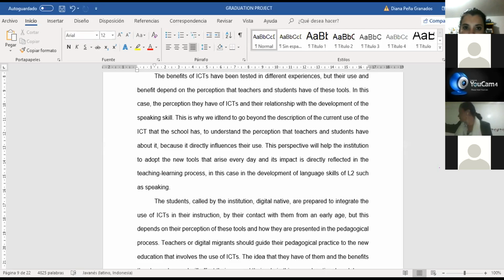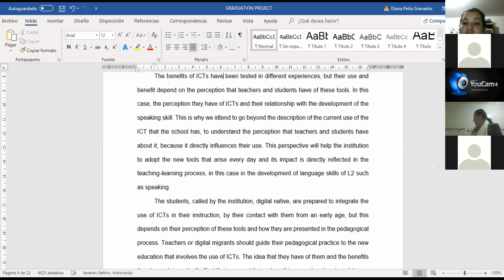So the school has all the context, the school has all the theoretical framework, the school wants to be a leader in technology, but they haven't explored if what they have done till now has worked or not. And that's what you want to explore, and that's why it should be included in the rationale.